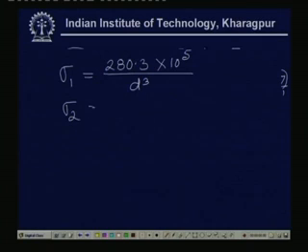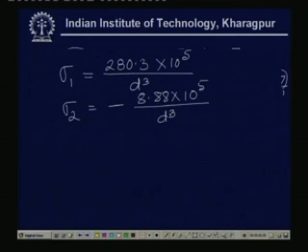and sigma 2 comes out to be minus 8.88 into 10 to the power 5 by d cube. So, once I know this sigma 1 and sigma 2, then maximum shear stress theory, all right, ductile material, very well it can be utilized.